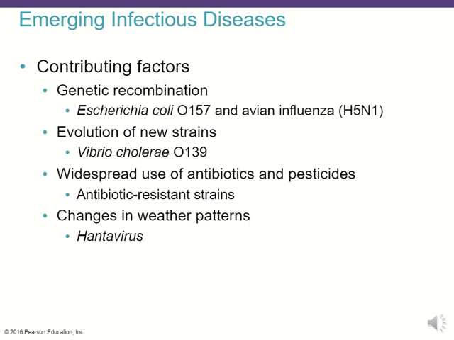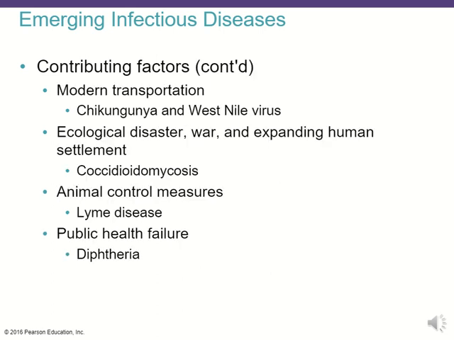And changes in weather patterns can also contribute to disease as well, such as with the hantavirus. There are situations where modern transportation causes a virus or some pathogen to more easily spread from one area to the next, especially since the world is becoming more connected through airplanes, travel, ships, the variety.